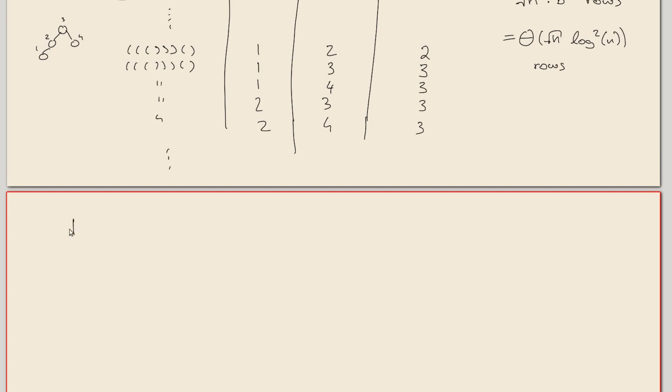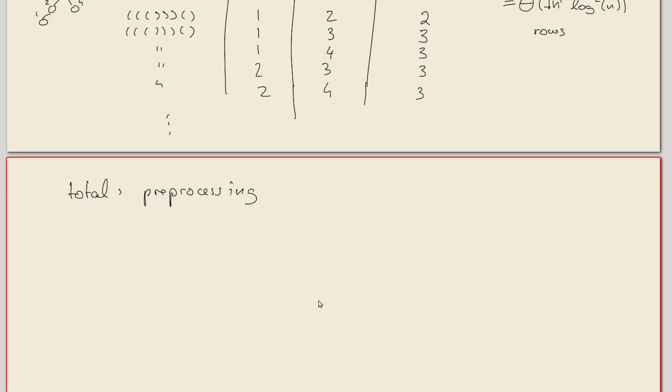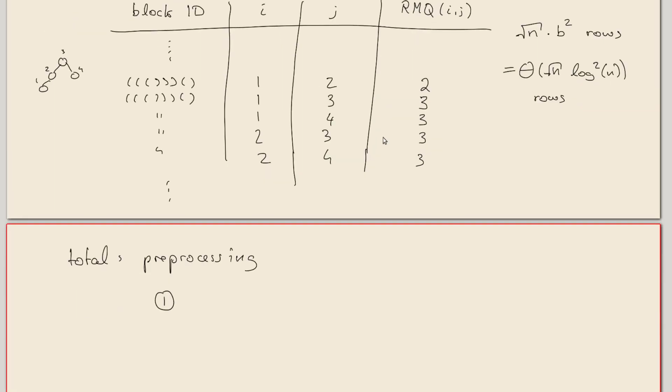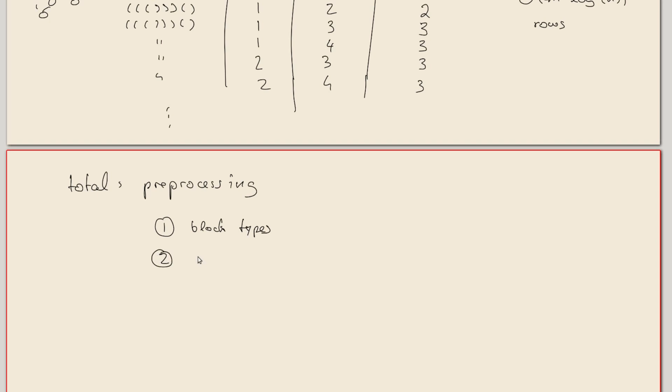So in total, the pre-processing consists of the following steps. We find the block type. We compute the lookup table.